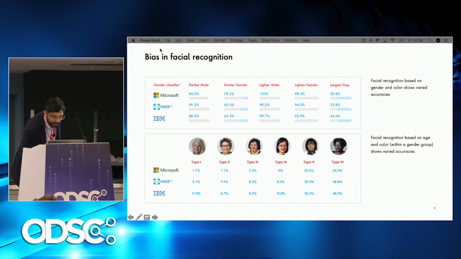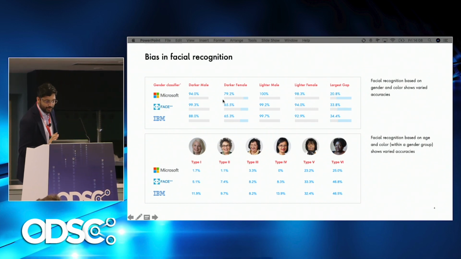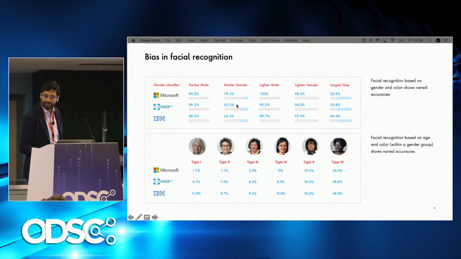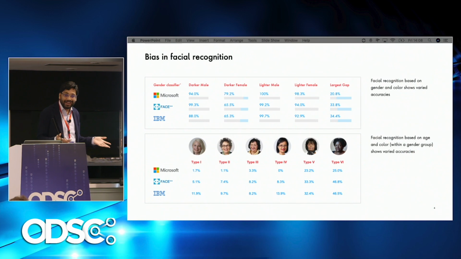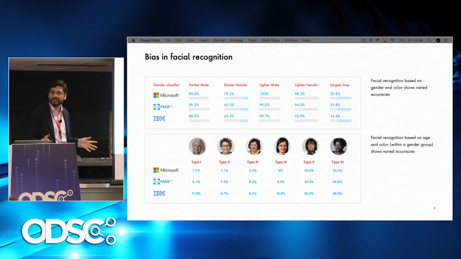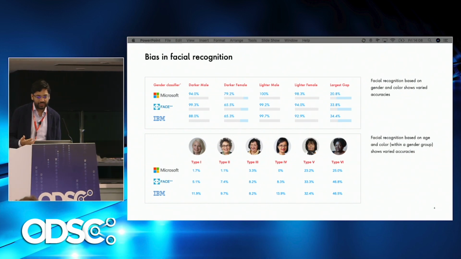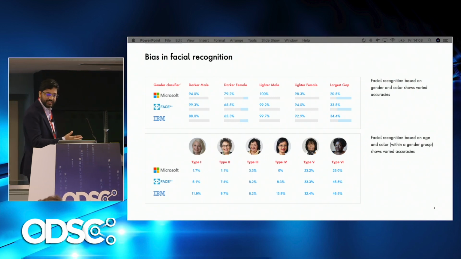The moment you put a dark color female, the accuracy goes down to 79%. The same algorithm recognizes faces of one group with complete perfection, and of another group with around 80% accuracy, which is a 20% decrease. So that is one thing which comes in bias in facial recognition.